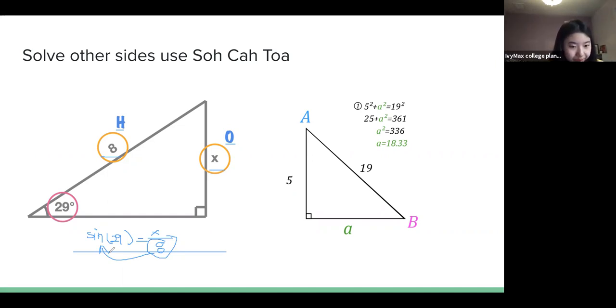So sine 29 times 8 is probably equal to 3.88 if we round to 2 decimal places. So 3.88 is equal to x. And then you know that your opposite, the x, is equal to 3.88.